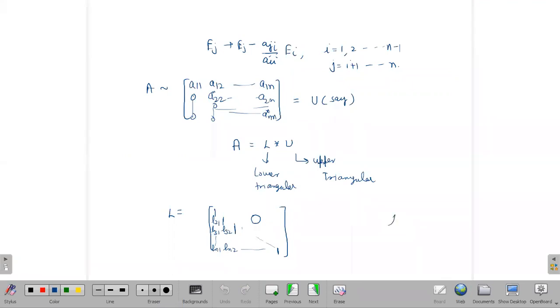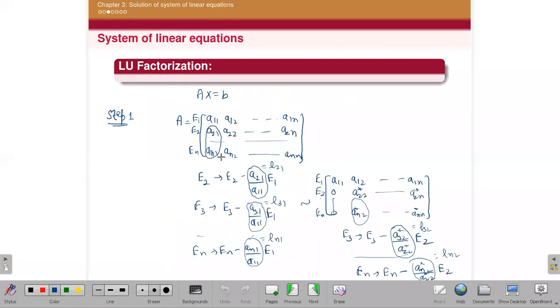It is not the case that you write L32 equal to A32 by A22 directly from the given matrix. That is possible only for the first column entries, where it is A21 by A11, because the entries are not changed yet. After the operation, these entries will change.